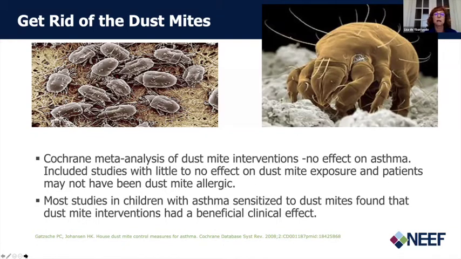And like I said, in my neck of the woods, we have a huge problem with dust mites, high levels year round. This Cochrane meta-analysis of dust mite interventions really came to the conclusion that there was no effect on asthma improvement. However, these included studies with little or no effect on dust mite exposure, and patients may not have even been tested for dust mite allergies.